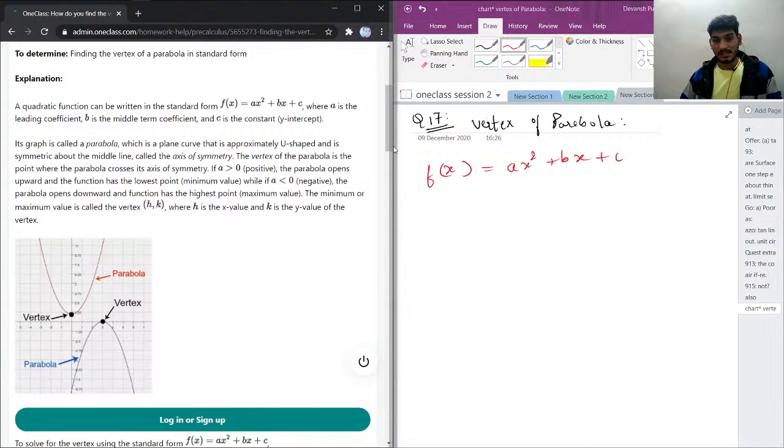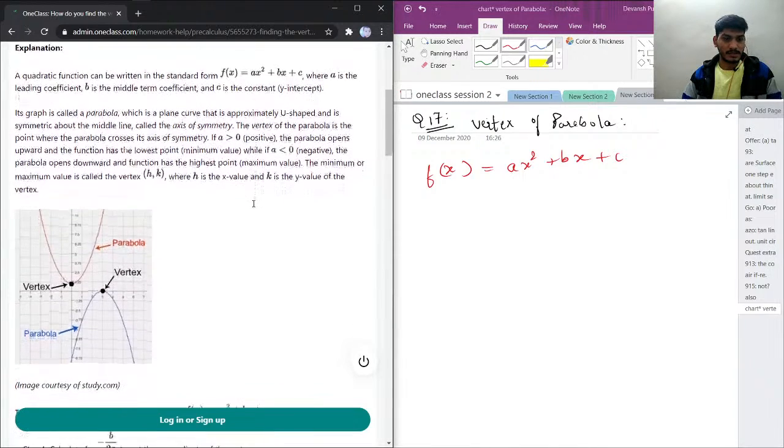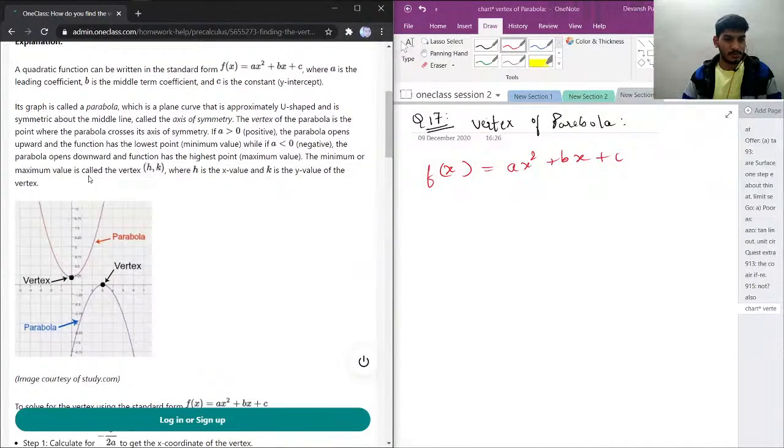While if a is negative, then the parabola opens downward and the function has the highest point, maximum value. The minimum or maximum value is called the vertex h comma k, where h is the x value and k is the y value.